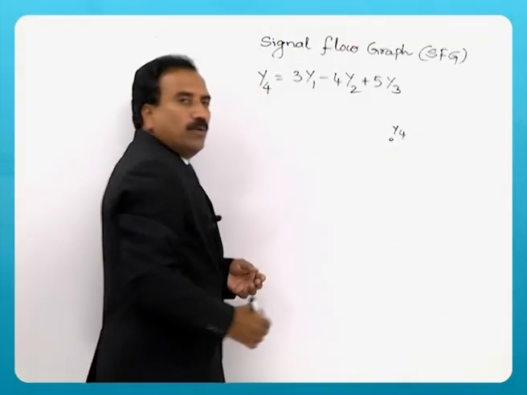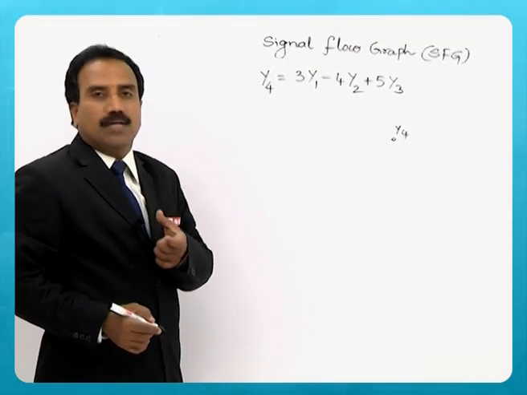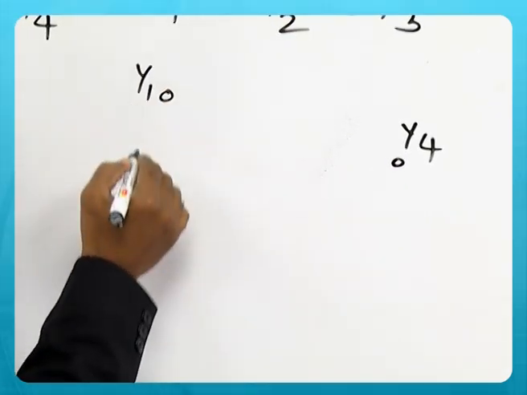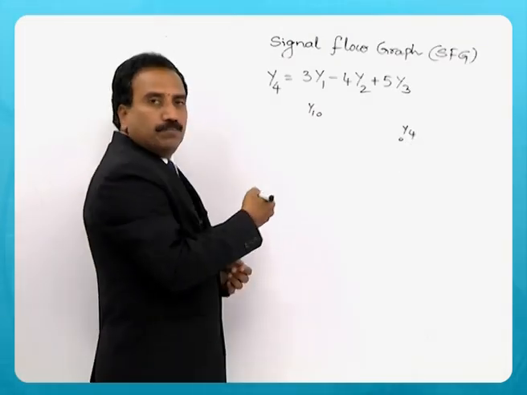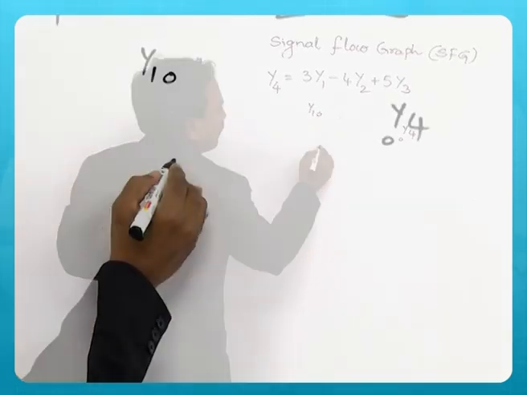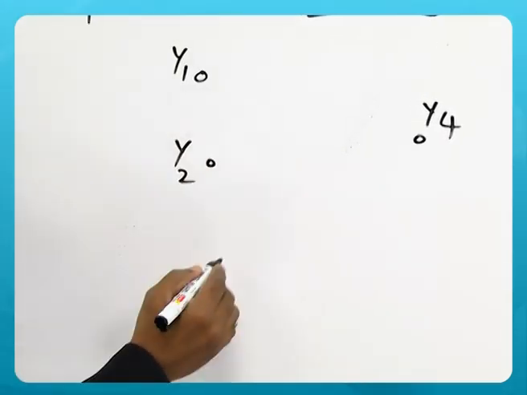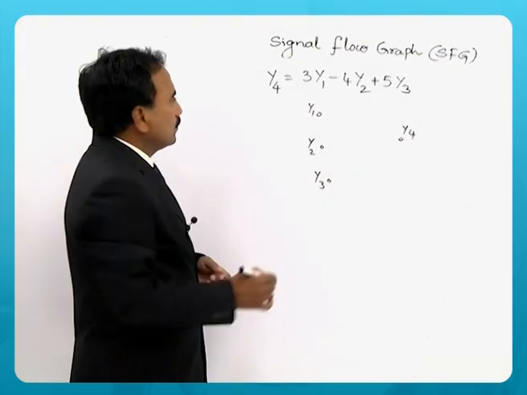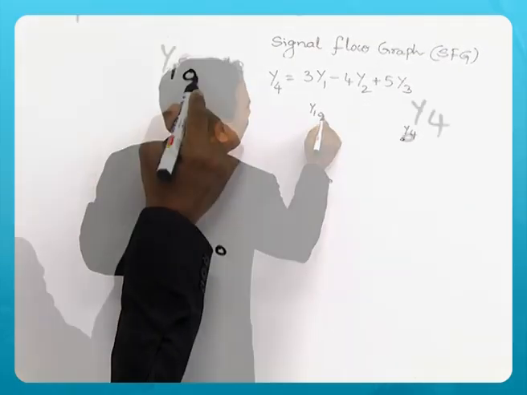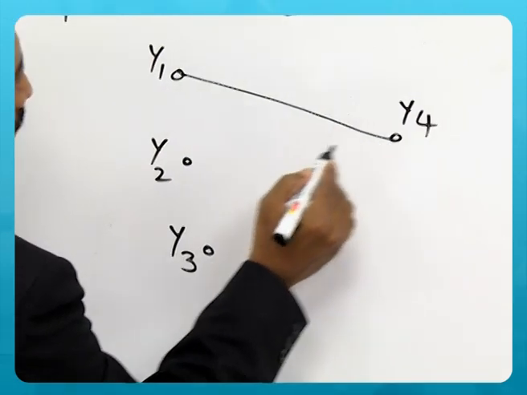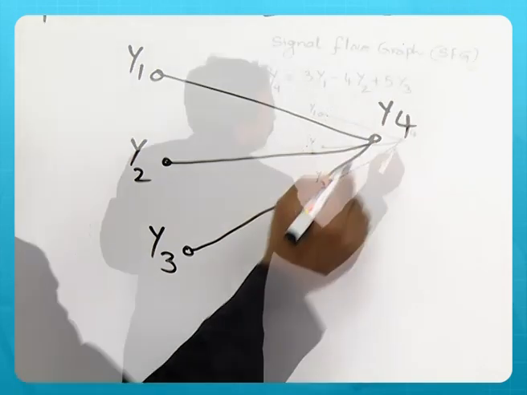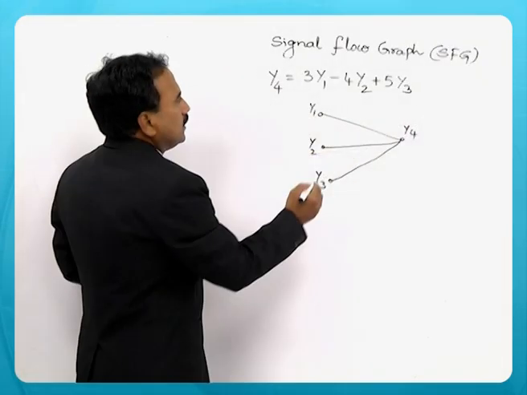Y4 is a node, it is nothing but a variable, and y1 is also a node or input, it is a variable, y2 is also a variable, y3 also a variable. So I am joining all these three to y4 with an arrow.